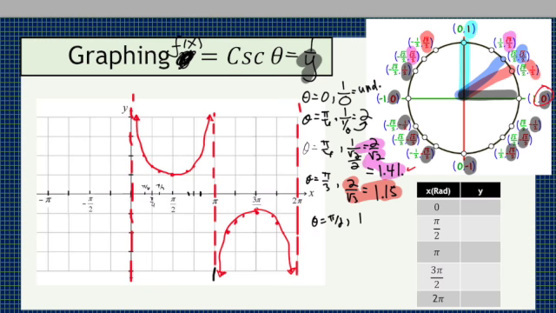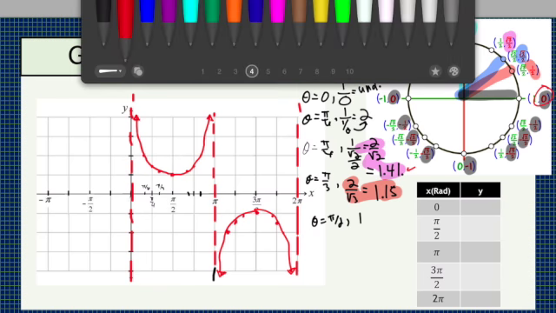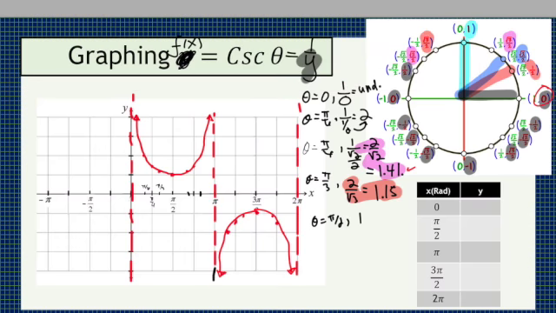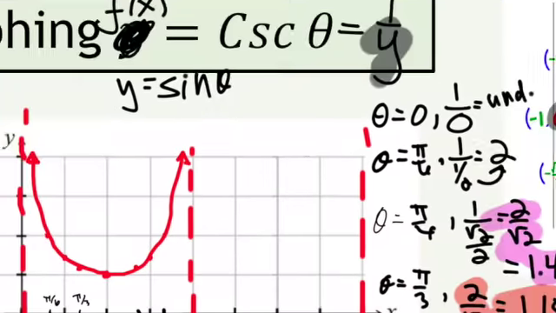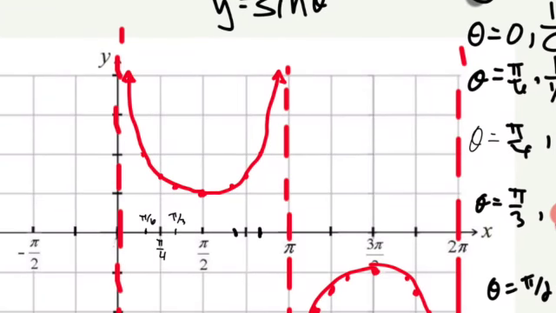The way this is typically taught is, since cosecant is really the reciprocal of sine, sine of theta is the reciprocal of cosecant of theta. So typically what we do is we graph sine. If you were to graph sine here, sine starts at 0, then goes to 1, then goes to 0, then goes to -1, and then goes back to 0. So this is sine right there.